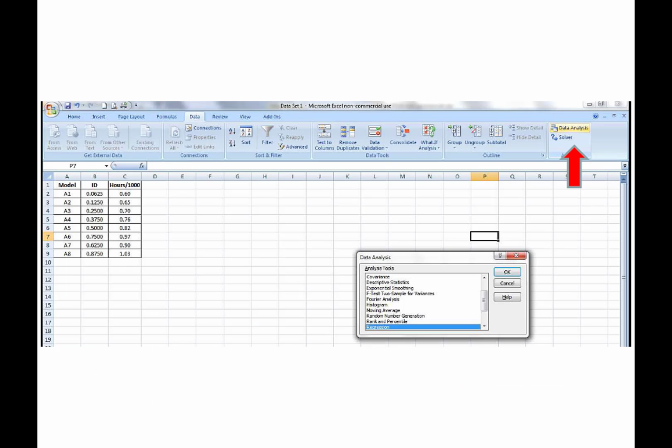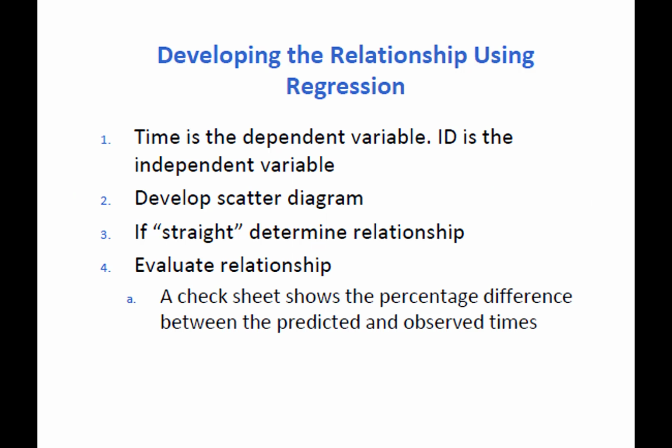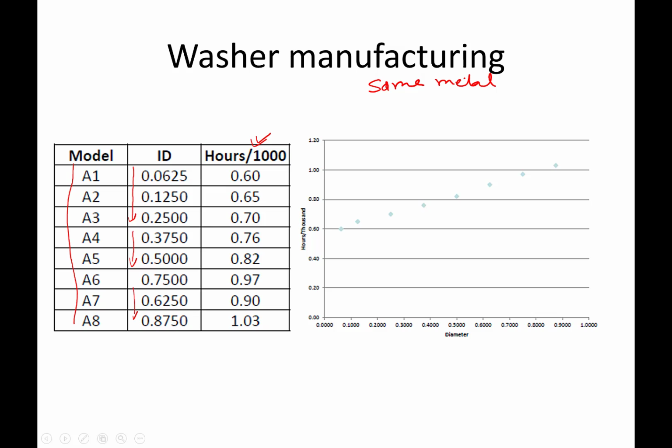This axis shows the number of hours required to produce 1000 washers, and all these washers are made of the same metal and the same thickness.